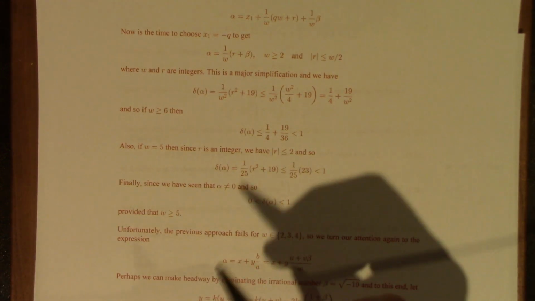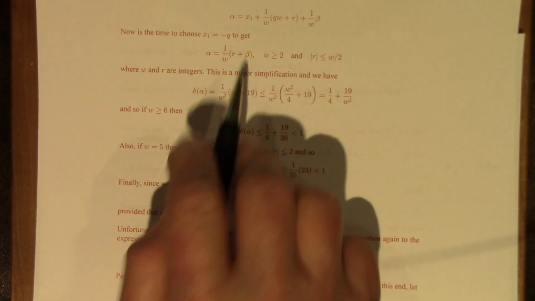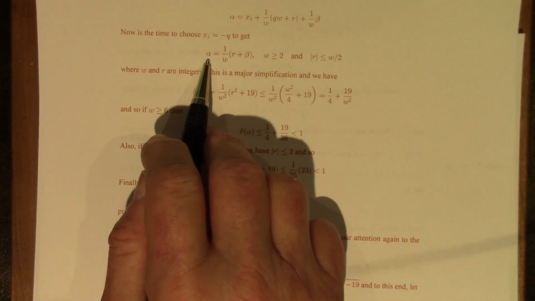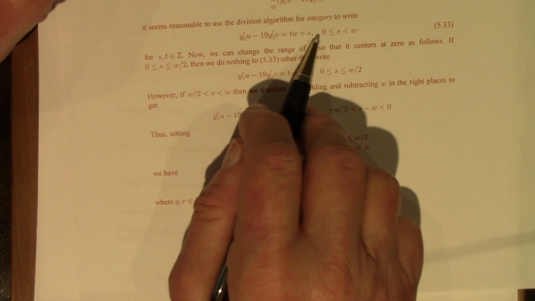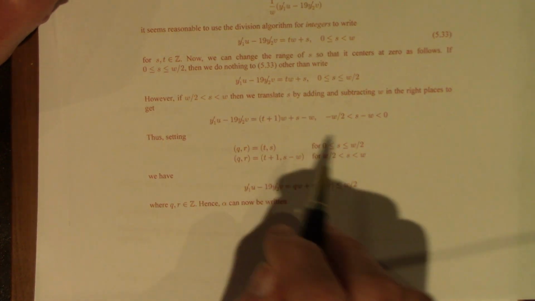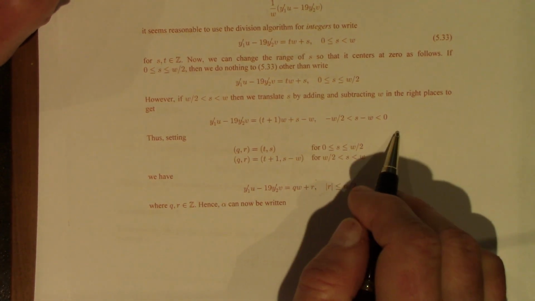So you would back up and say, well, what can I do to make R smaller in absolute value in the hopes that the norm of alpha is less than 1? And you might think about adjusting the range here. So instead of going from 0 to w, it goes basically from negative w over 2 to positive w over 2.